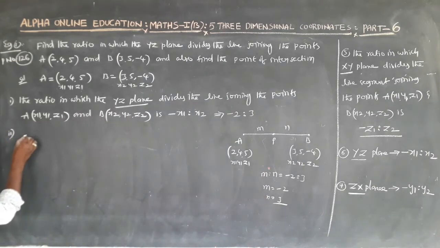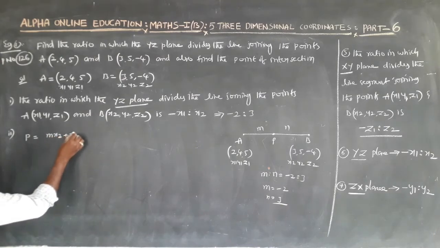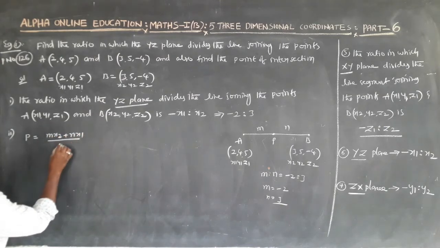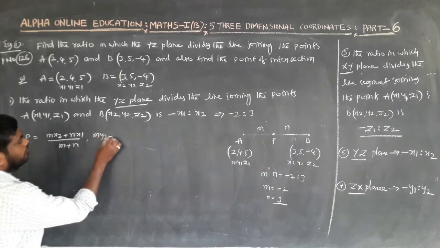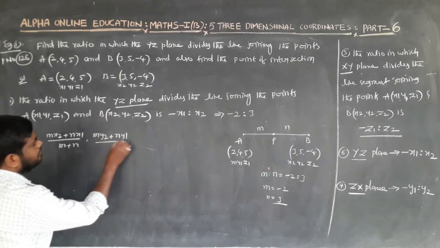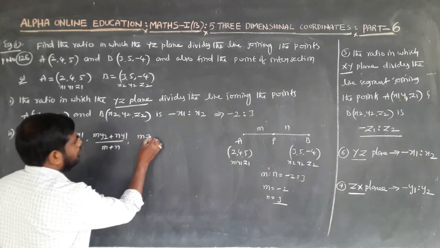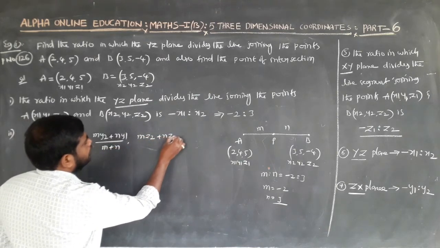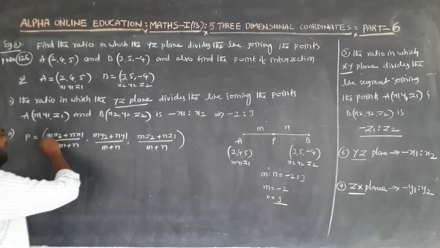The coordinates of P are (mx2 + nx1)/(m + n), (my2 + ny1)/(m + n), (mz2 + nz1)/(m + n).